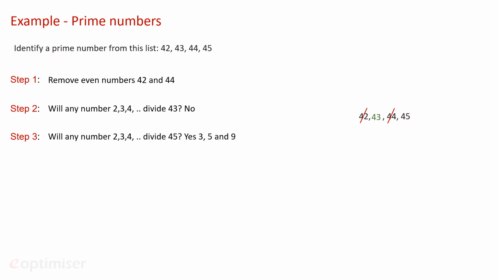Yes, of course, 3 can divide 45, 5 can divide 45, 9 can divide 45. Therefore we can eliminate 45 from the list. Therefore 43 is the prime number that has only two factors, 1 and 43.